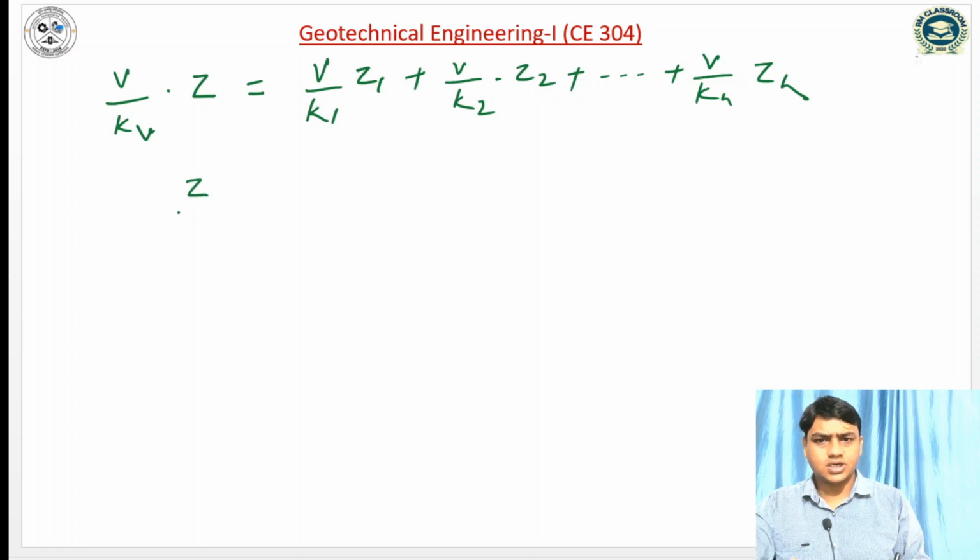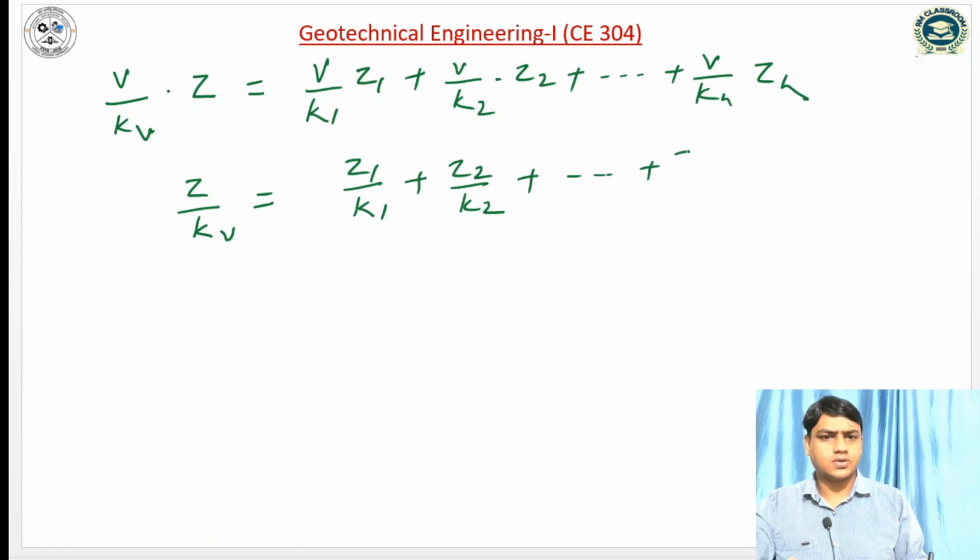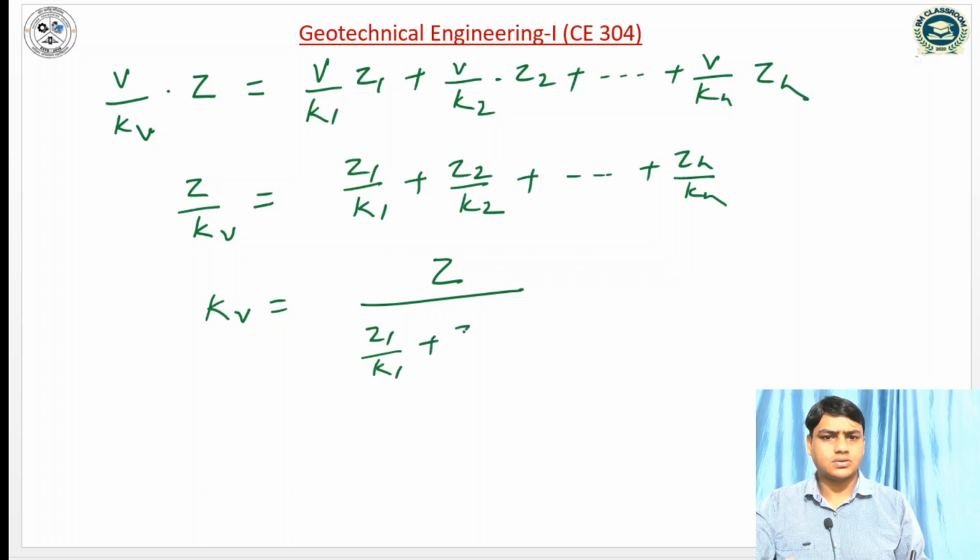So we can write Z by Kv is equal to Z1 by K1 plus Z2 by K2 plus so on and so forth Zn by Kn.